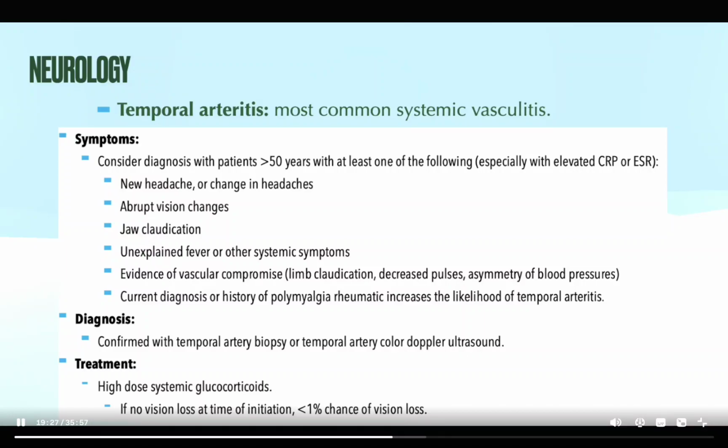Diagnosis is confirmed with a temporal artery biopsy or an ultrasound. Treatment is high-dose systemic glucocorticoids. It's really important to note that if these are initiated soon, before the patient even experiences vision changes, then there is less than 1% chance of vision loss occurring. That's if we start those glucocorticoids ASAP.